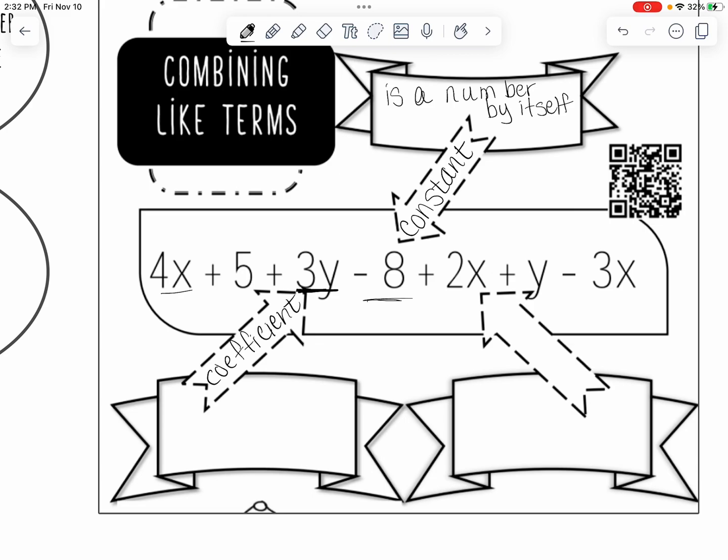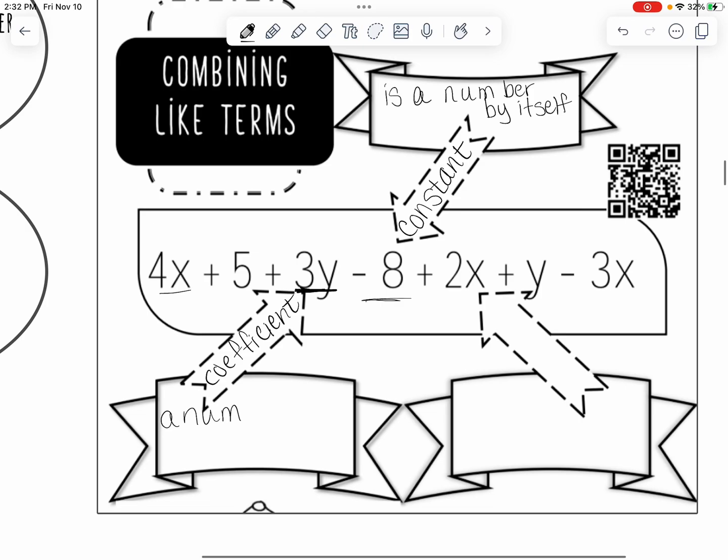People have coworkers. That means you have somebody that works with you. So this is a coefficient. You have a number working with a variable. This is a number attached to a variable.